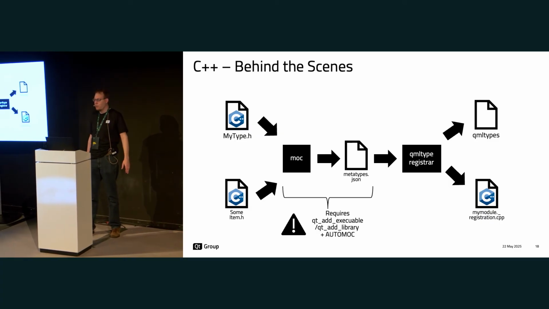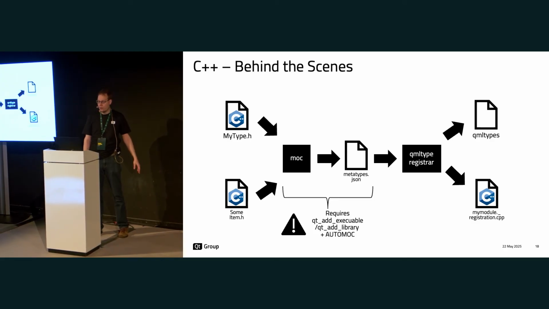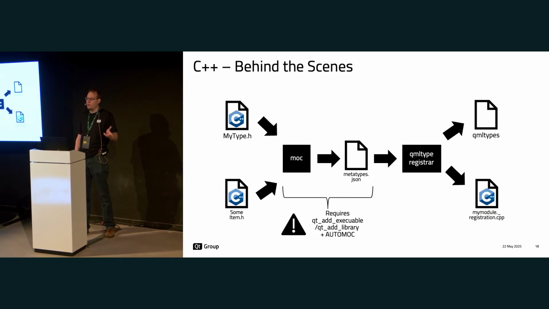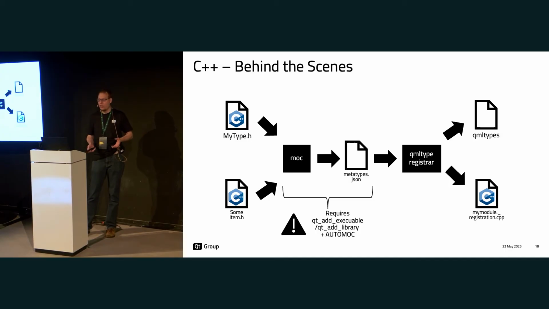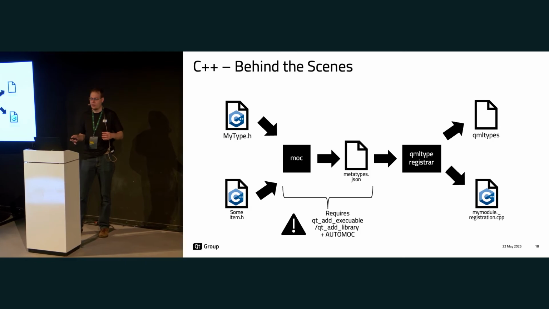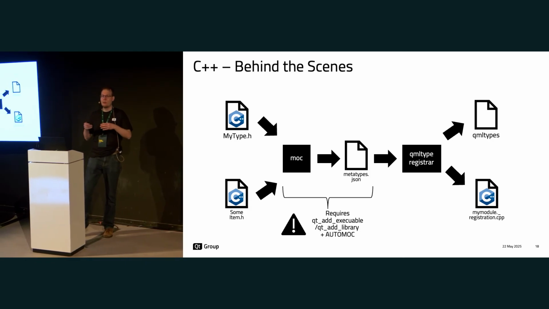That then will be picked up by the QML type registrar, and from that we will generate two things: QML types, which helps tooling to understand what your module contains, and some registration code, which actually ensures that your type is available at runtime.